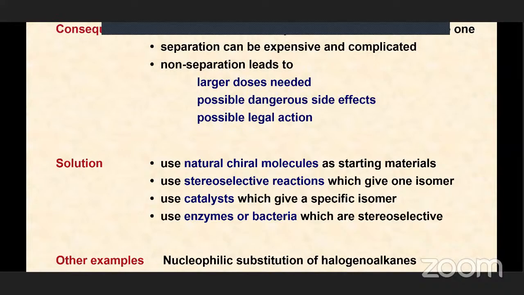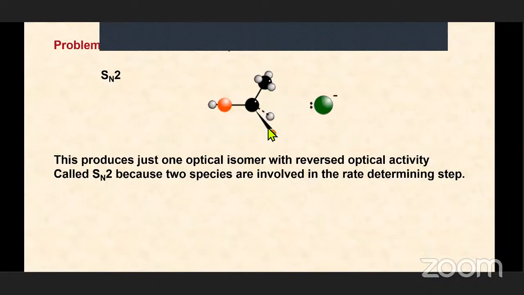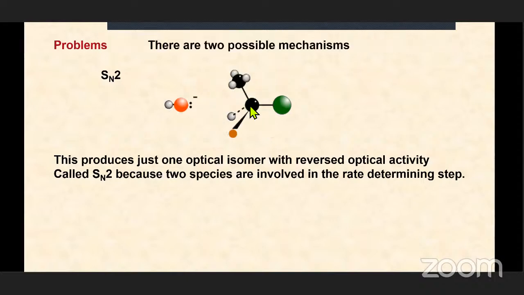So here's an example, if you're doing nucleophilic substitution. You can probably see the animation that this is probably an OH- that's attacking this carbon, which is positive. It's already tetrahedral, and there's a Cl attached. The OH- would get attracted to this carbon atom, and when it does, it pushes the Cl away.